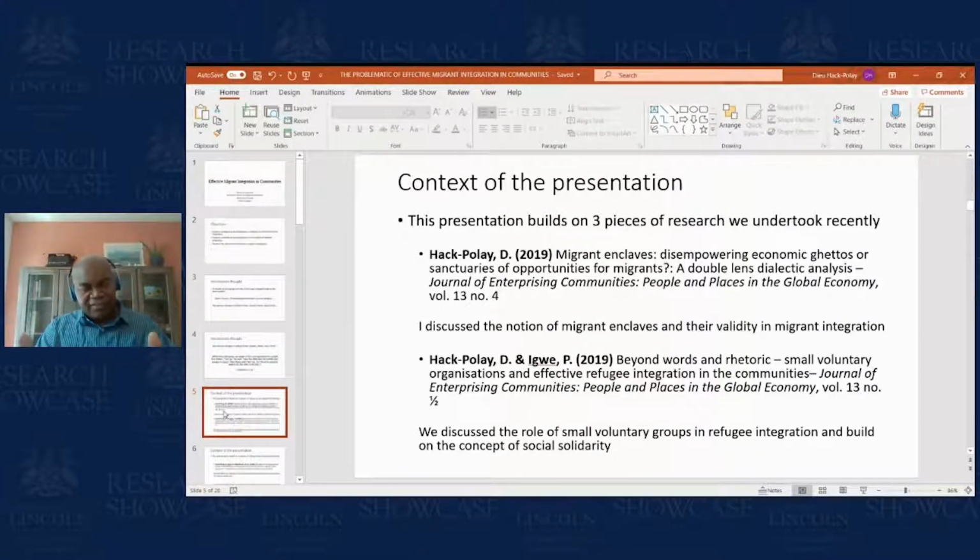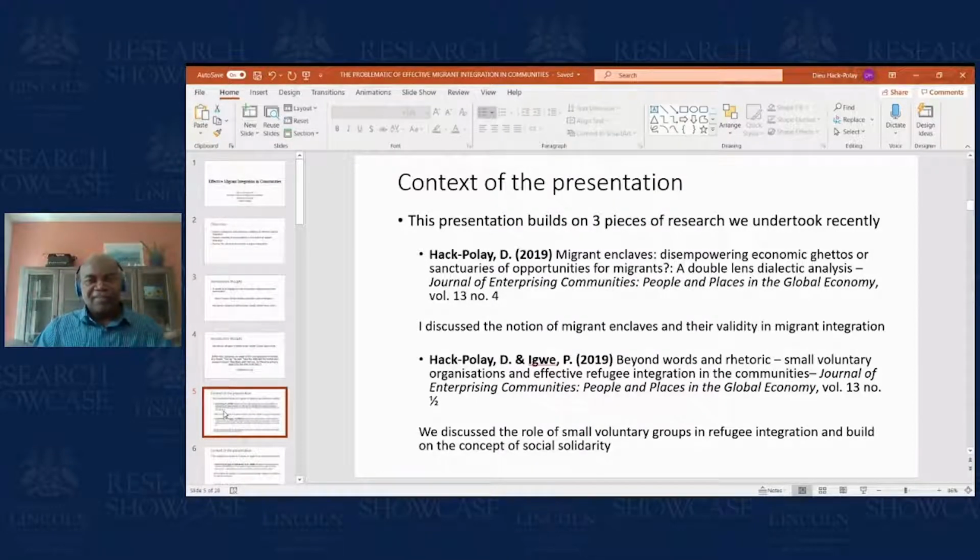I've written several articles and books before, but I have come back recently to revisit the evidence that I collected before in order to extend the work that I did 10 or 20 years ago. So I build on migrant enclaves, disempowering economic ghettos or sanctuaries of opportunity for migrants. Basically, what I'm debating in this article is the notion of migrant enclaves and their validity in migrant integration.